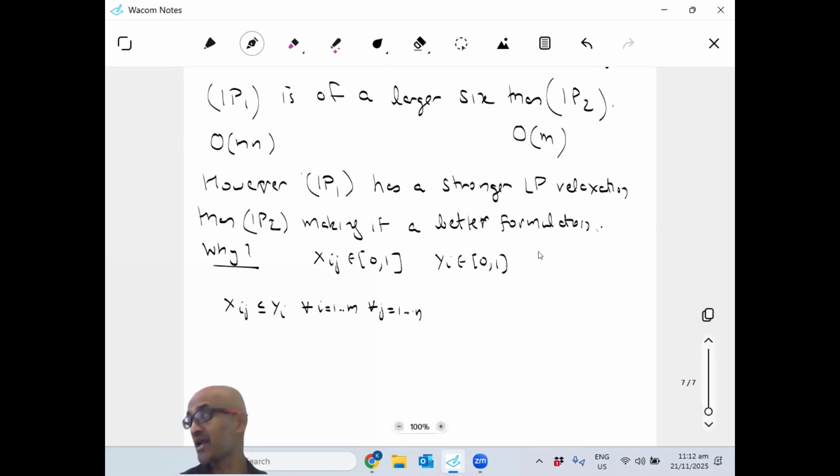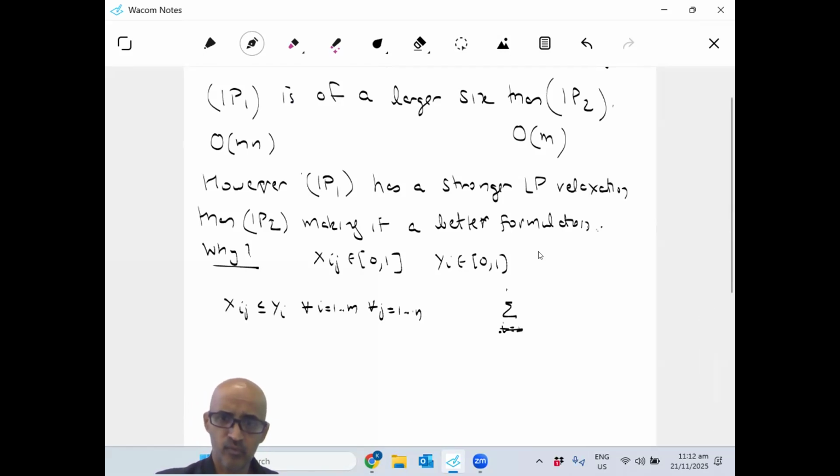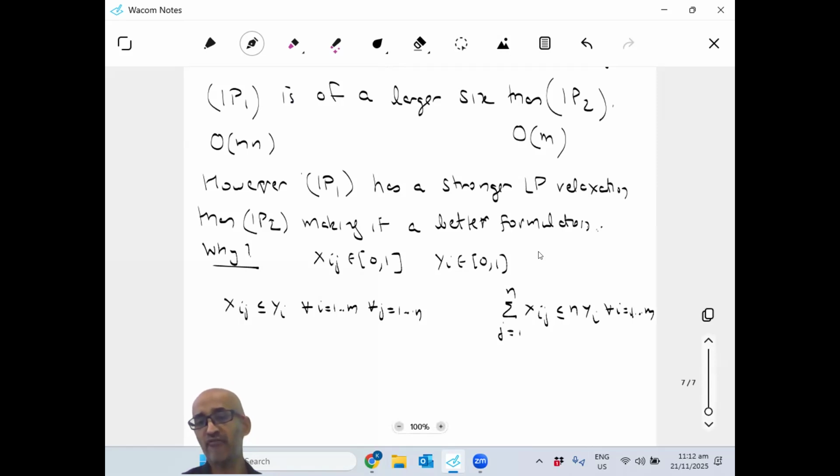While for my aggregated formulation, my constraint was the summation across j from 1 to n, since I can serve all clients, of xij should be less than or equal to n times yi. The claim is if I've got a set of variables x's and y's which satisfy the first constraint, they have to satisfy this constraint. So this implication has to be true.